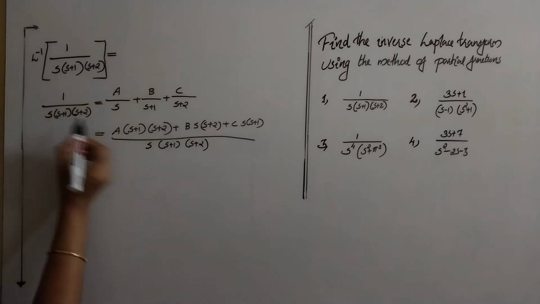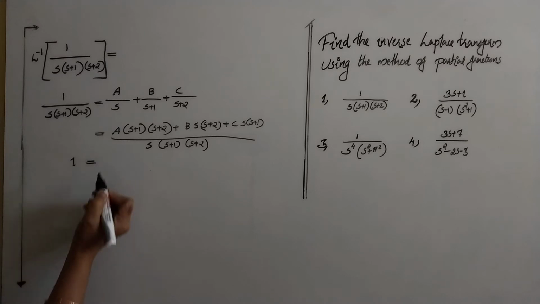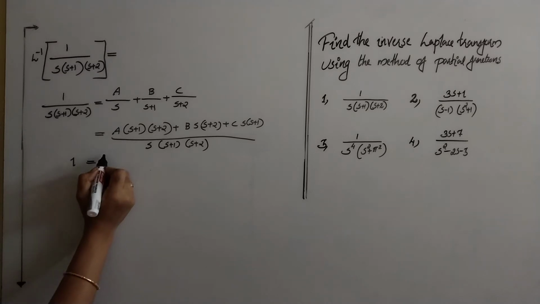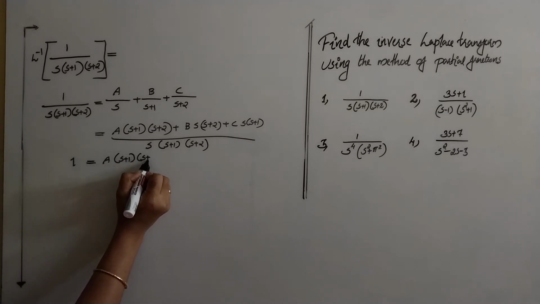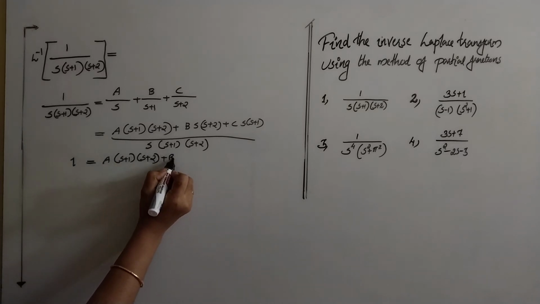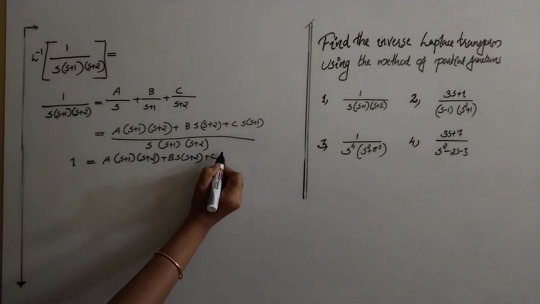Now the denominators are same, so I can equate the numerator. Then we get 1 is equal to a into s plus 1 into s plus 2 plus b into s into s plus 2 plus c into s into s plus 1.